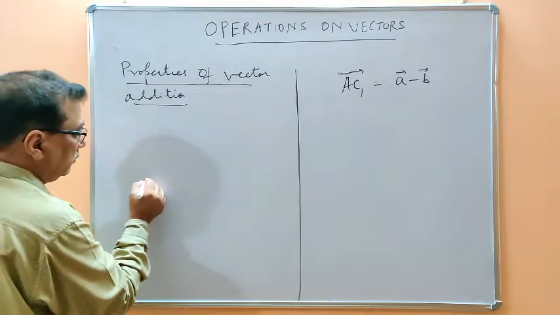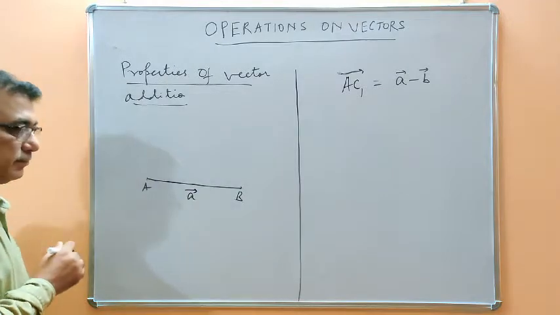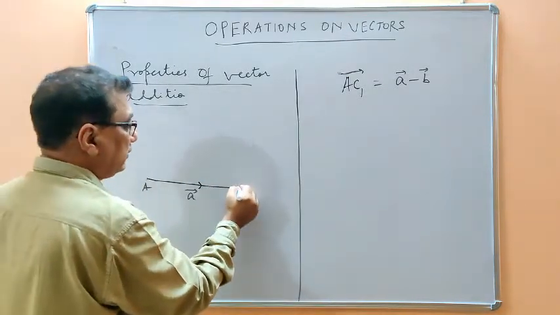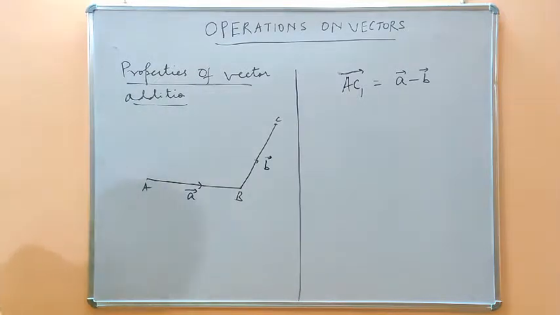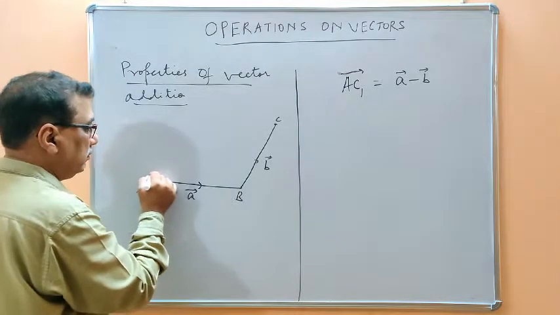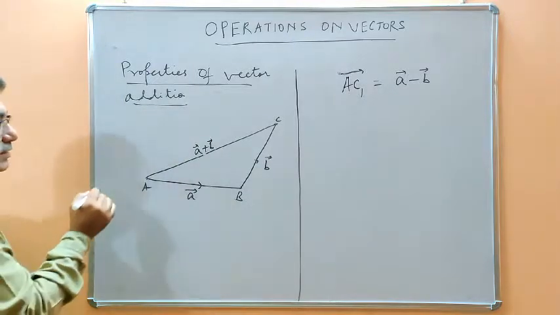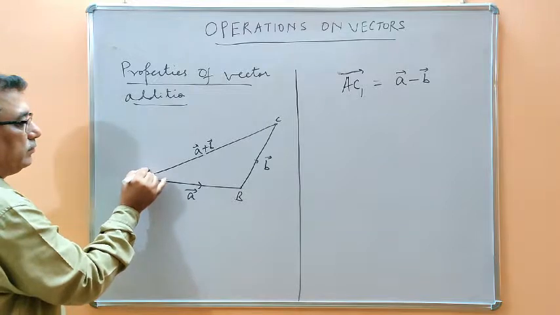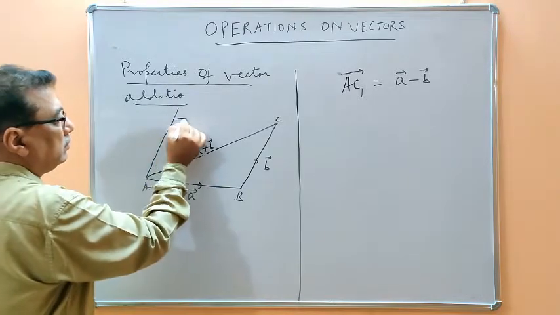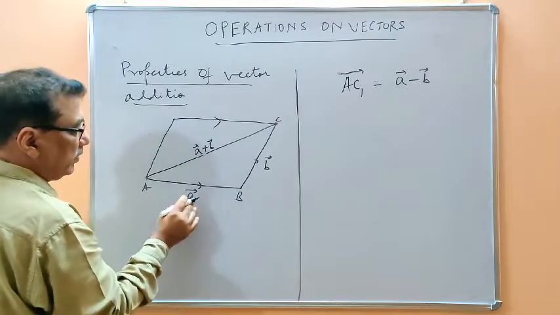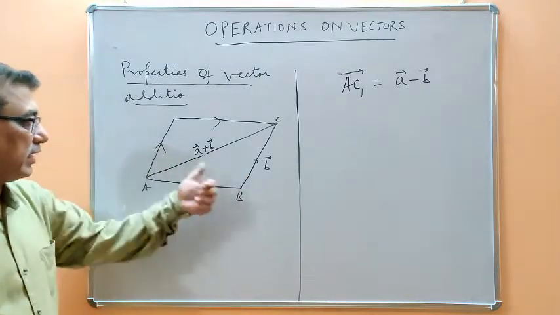Now suppose I take AB as vector A, in direction and magnitude both, and similarly BC as B. Then we know that this is A plus B. Now let us complete a parallelogram by drawing this parallel to A and this parallel to B. And since it is a parallelogram, the opposite sides are equal, and the direction is also the same.